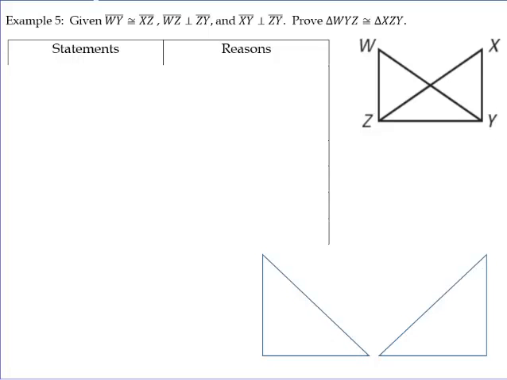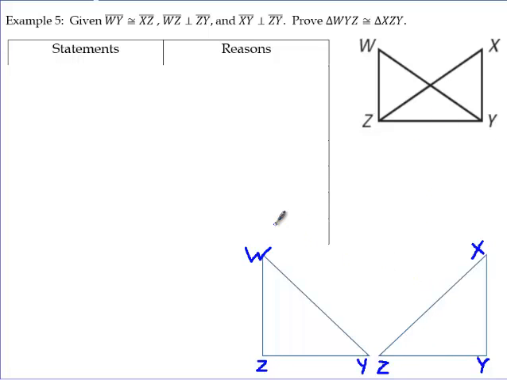So let us label these accordingly. This would be W, X, Y, Z, and again, here we're going to have Z and Y because there is overlap there. So these two down here are the same segment.